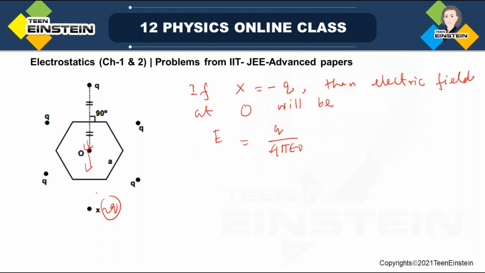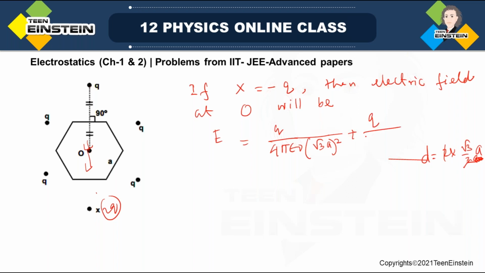Q by 4 pi epsilon naught, distance squared. The distance d is actually 2 into root 3 by 2 into a; a is in the numerator, so the 2 goes up, so this will be root 3 into a, whole squared.